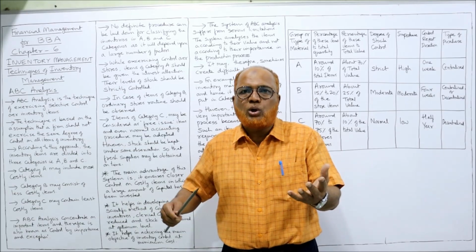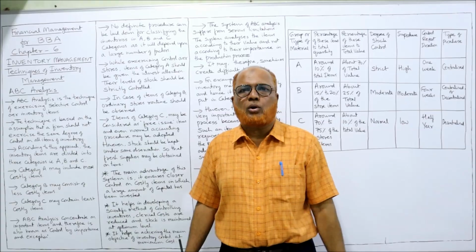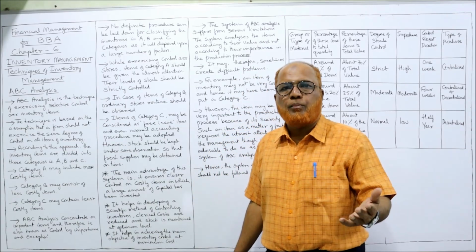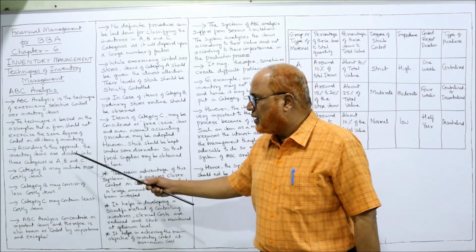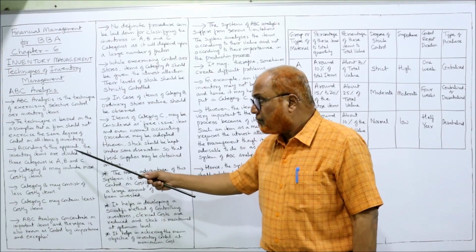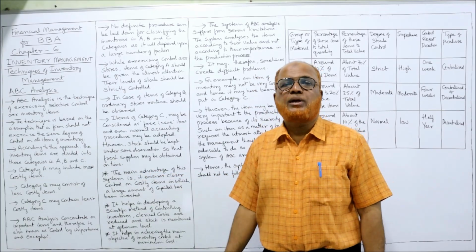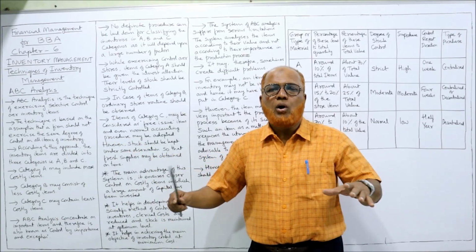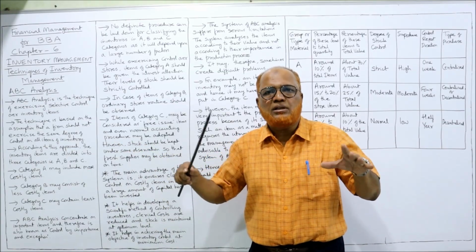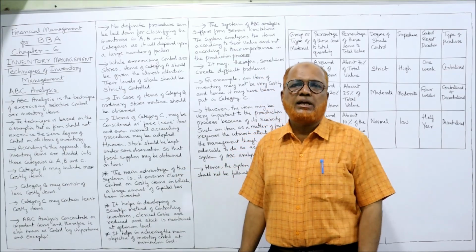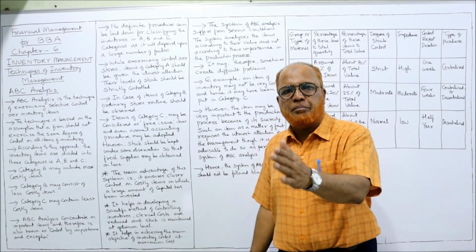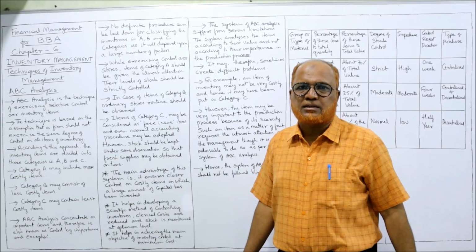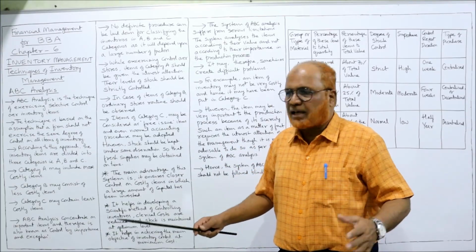The management should not implement equal control on all the items, because some are important, some are not so important. According to this approach, the inventory items are divided into 3 categories. ABC analysis will divide all the inventory items in the stores into 3 categories: A category items, B category items, and C category items. In this way we classify.